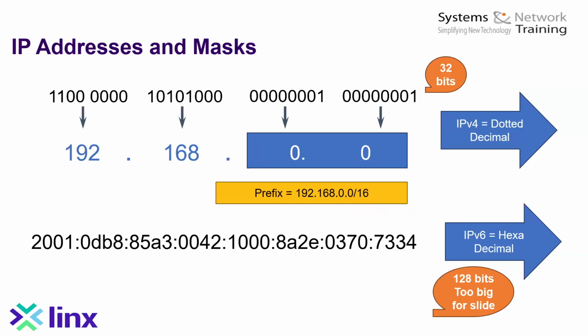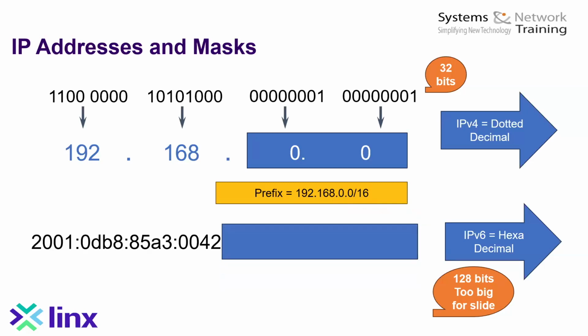Okay, we can do exactly the same thing with our IP version 6 address. If we put a mask over the address, which is half the address, it's 64 bits of mask. In IP version 6, by convention, we put a double colon where we cover a bit of the address, and then we state how many bits the mask is in size.